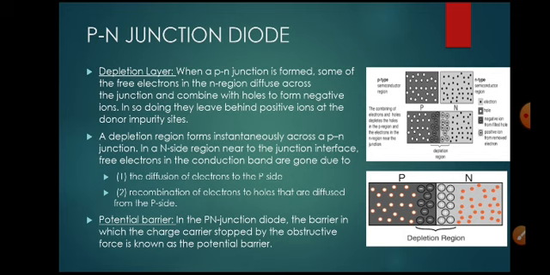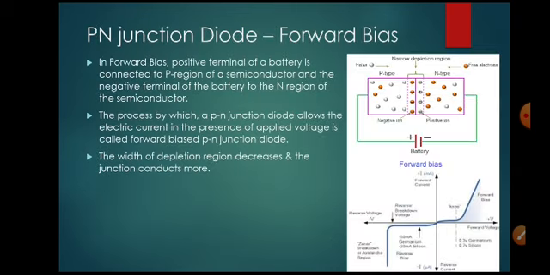Suppose a positive battery, here we have to bias the junction diode to overcome the current conducting problems and to utilize it as we require. We give some external voltage.